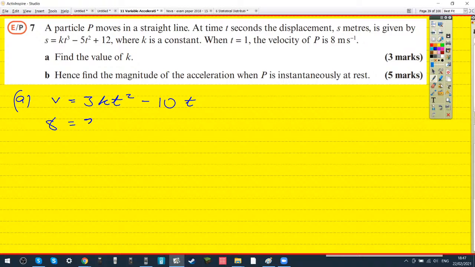And I know what t is anyway, so I just do 3k, just minus 10. That's it.